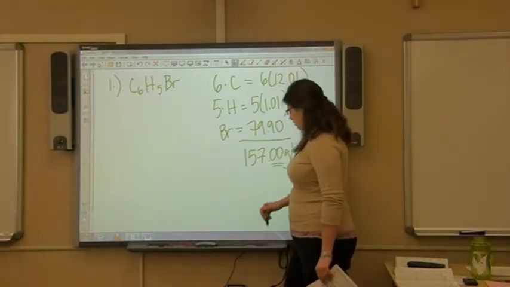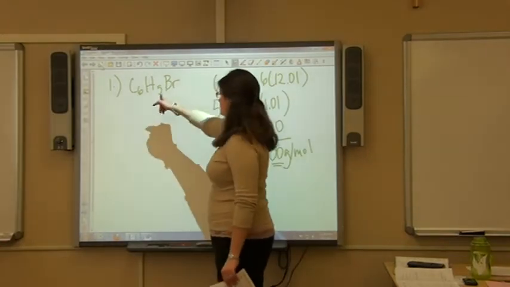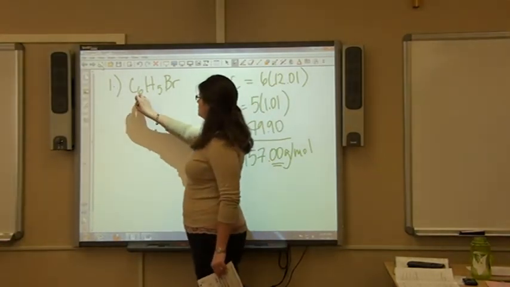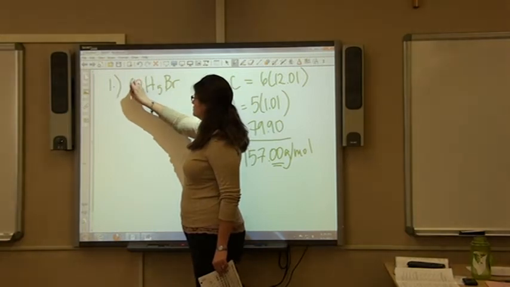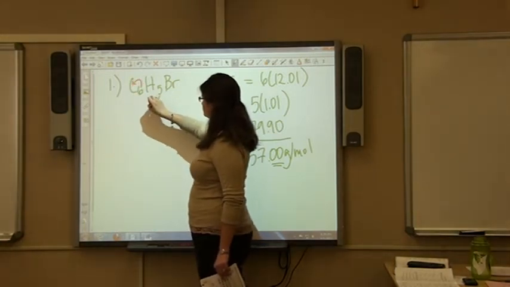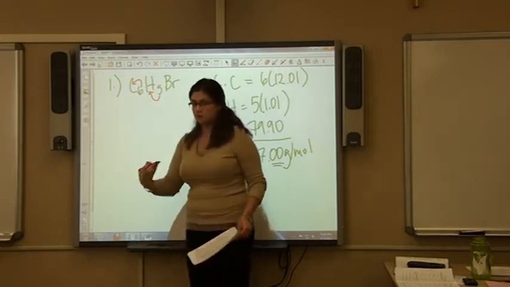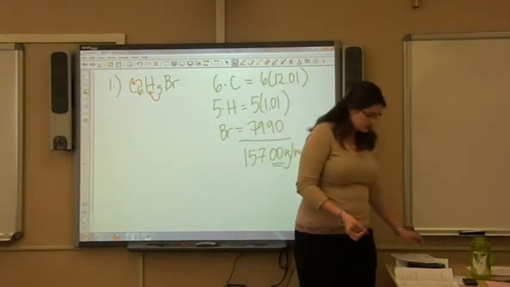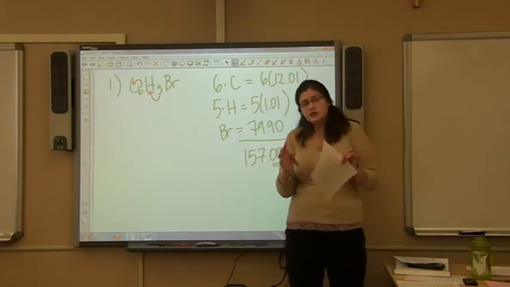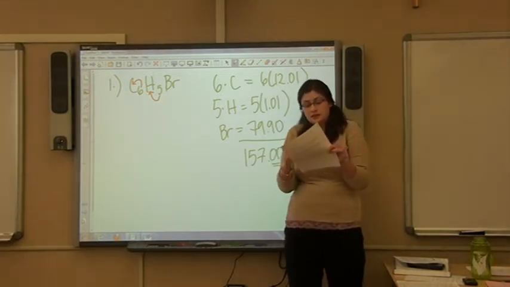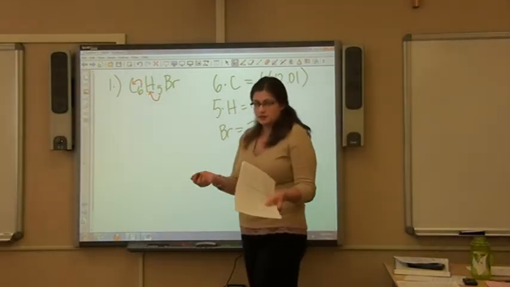Excuse me. Okay, so let's just talk a little bit about this formula here. This number only applies to the number before it, or the letter I should say before it. But if you have something in brackets or in parentheses, that number on the outside of the bracket applies to everything on the inside. Let's take an example of that.